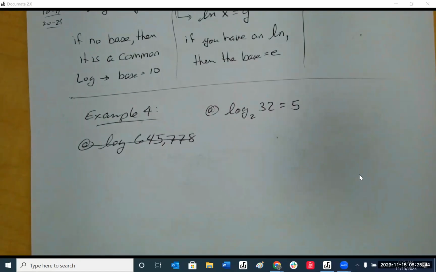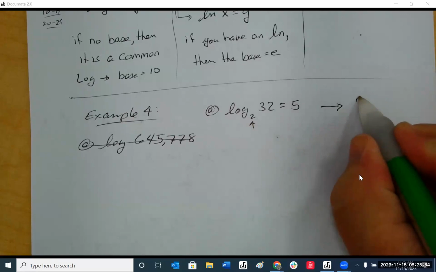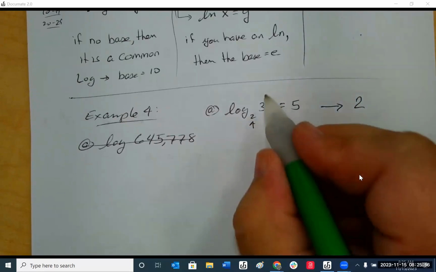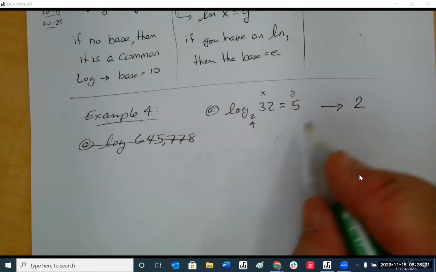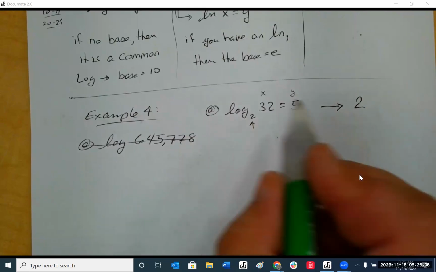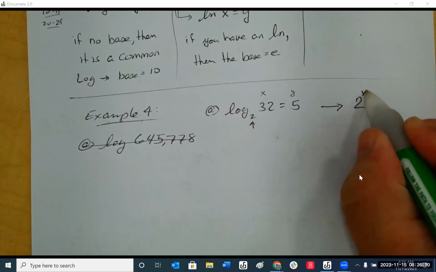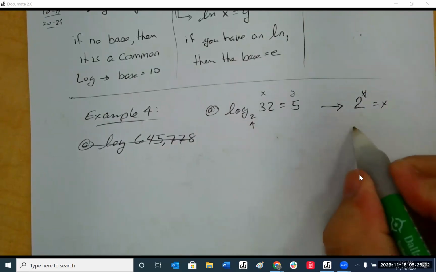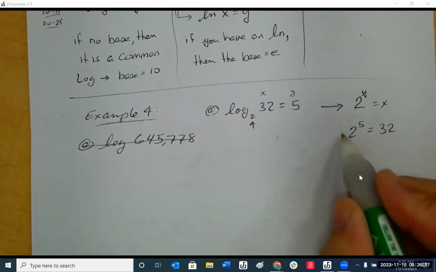Again, in exponential, we have the base 2. This is our x and this is our y. Remember, logarithmic and exponentials are inverses of each other. So once we have the base, to find the inverse, you switch x and y. So it becomes 2 to the 5th is equal to 32.